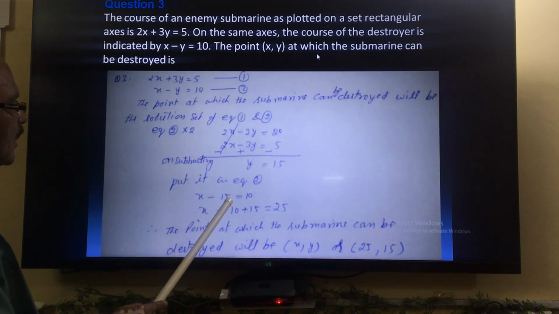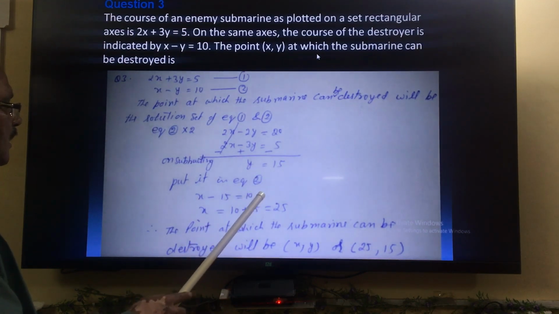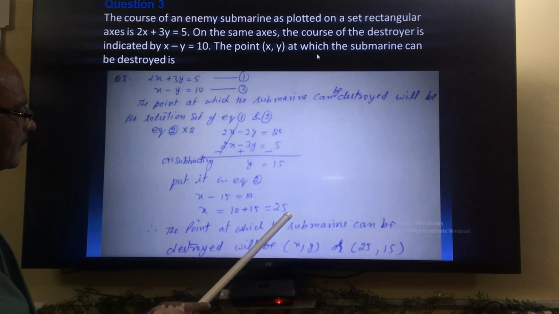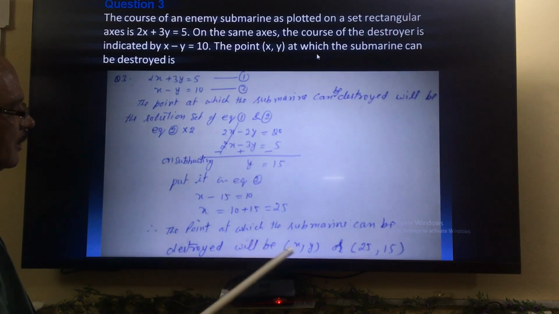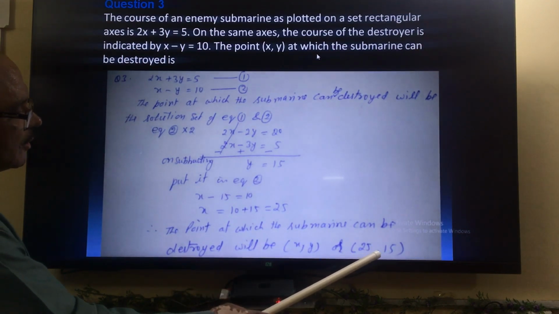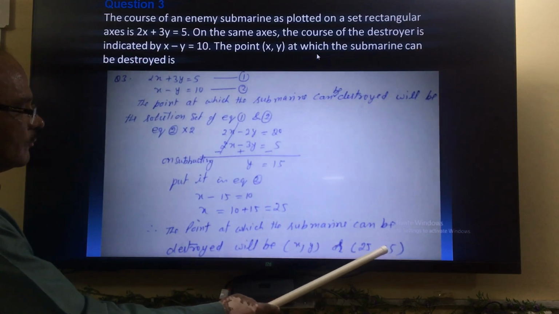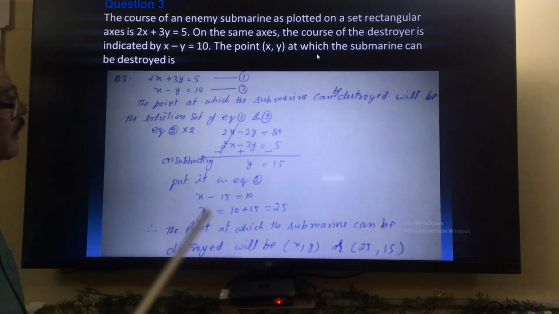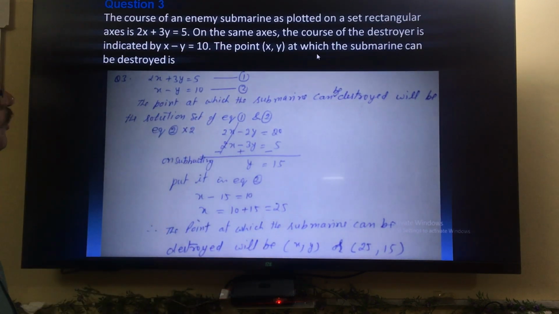So x minus y, in place of y we write 15, equals 10. 15 will go to the other side, and this will give us x equals 10 plus 15, which is 25. So the point at which the submarine can be destroyed is (x, y), or (25, 15). The value of x is 25 and y is 15. At this point, the submarine can be destroyed by the destroyer.